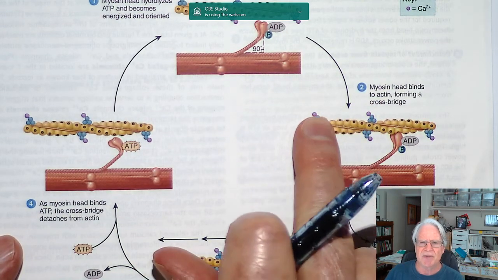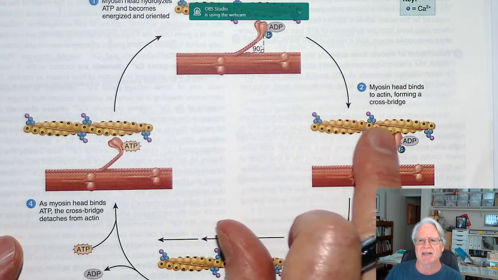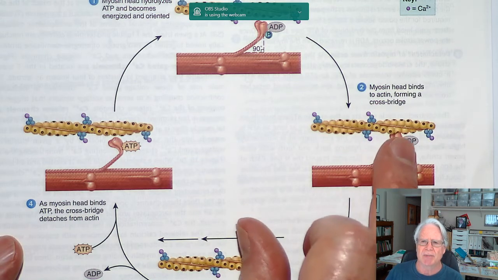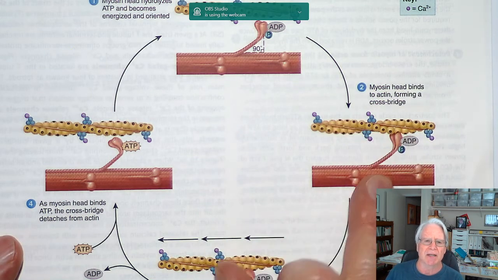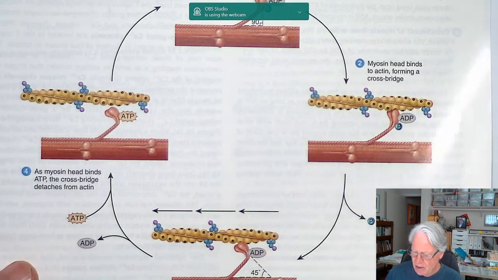As long as we have calcium in the environment and we have the exposed binding sites on actin, we're going to get this kind of interaction between the myosin heads and the thin filament, this cycle that we've just talked about here. Okay.